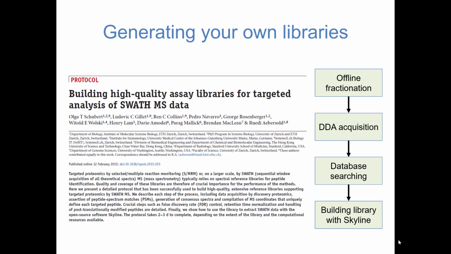We're also going to talk a little bit about strategies tomorrow where you don't have to build libraries like this, so maybe that might pique your interest more. Or you can use Skyline to build libraries. Yes, and actually I think the method we promote now is doing offline fractionation, generating a DDA list, searching those peptides, and then building the library straight in Skyline.